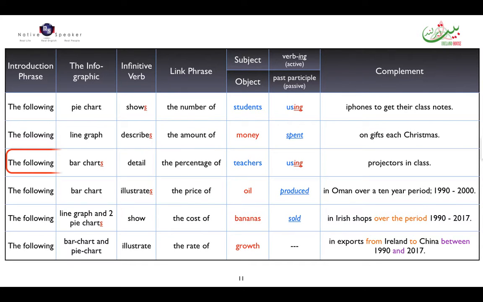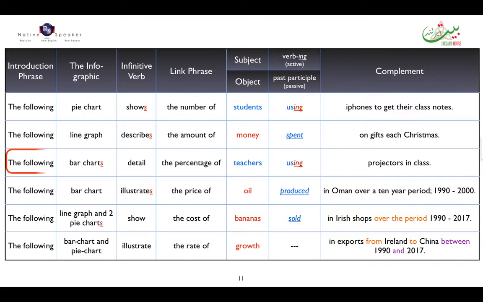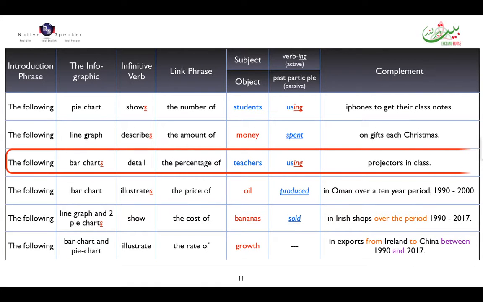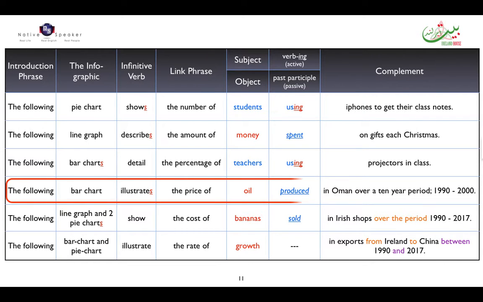The following bar charts detail the percentage of teachers using projectors in class. Now you. Very good. Next one. The following bar chart illustrates the price of oil produced in Oman over a 10-year period, 1990 to 2000. Now you.